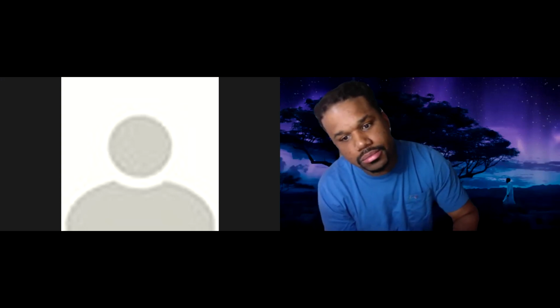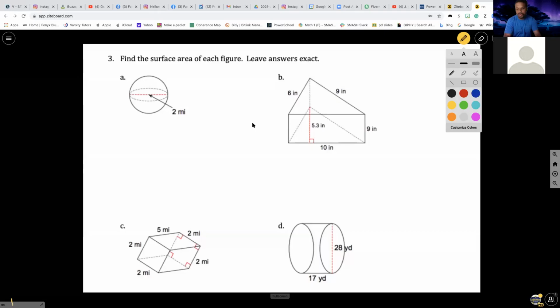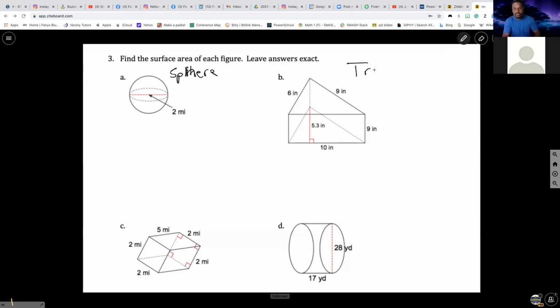All right, you really just need Google for this. You just need to look up the surface area of each shape, but you need to know the name of the shape. So this is a sphere. This is a triangular prism.